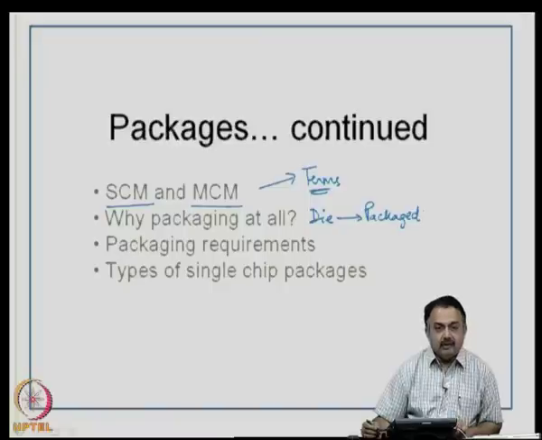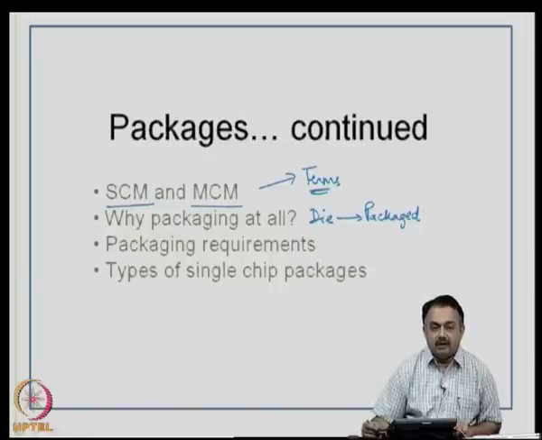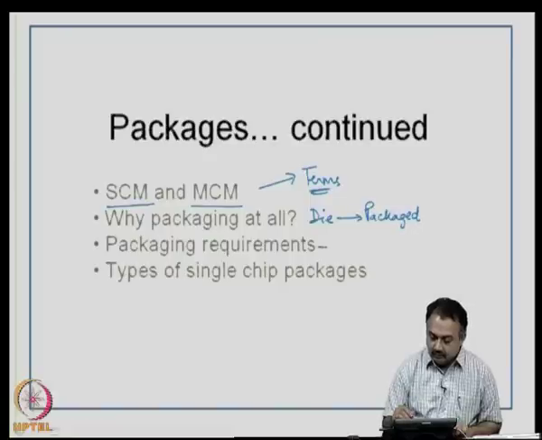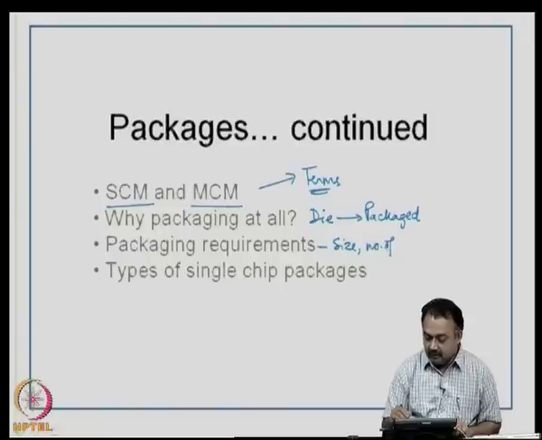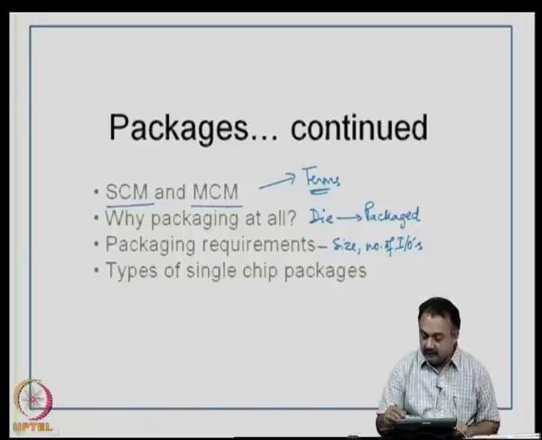The third point that we have seen in the last class was what are the packaging requirements. One of the important things is one has to look at the size of the die, the number of IOs, that is input output pins, that is there according to the design of the die, and then finally, again the application.